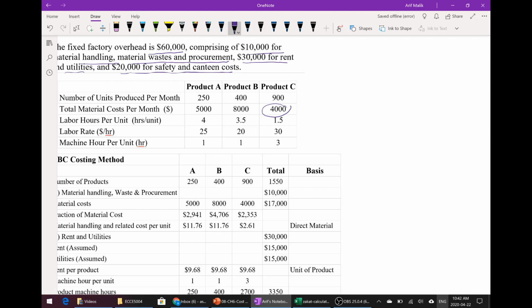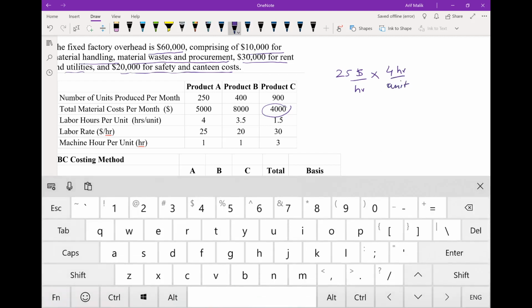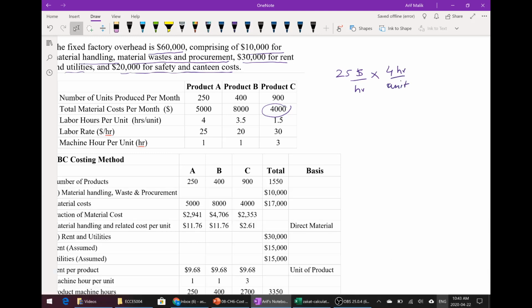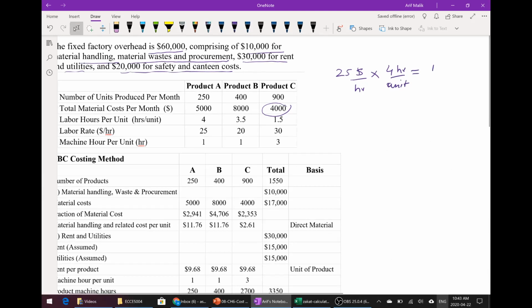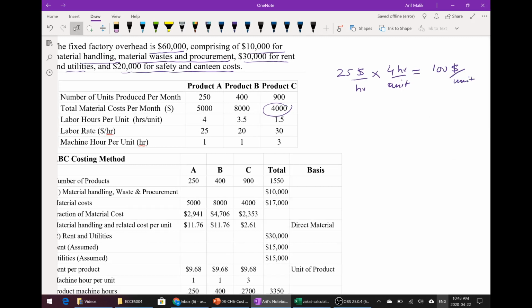We have the labor rate, $25 per hour for product A, multiplied by the labor hours per unit, 4 hours needed per unit, then we have $100 per unit. This is the direct labor cost for product A.